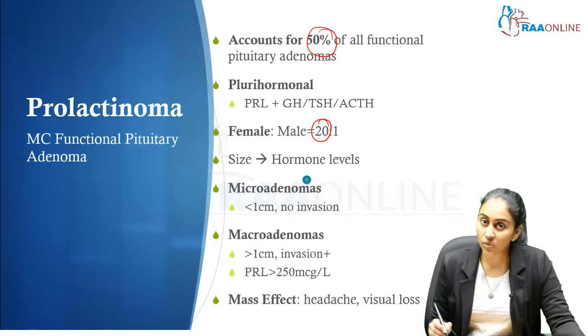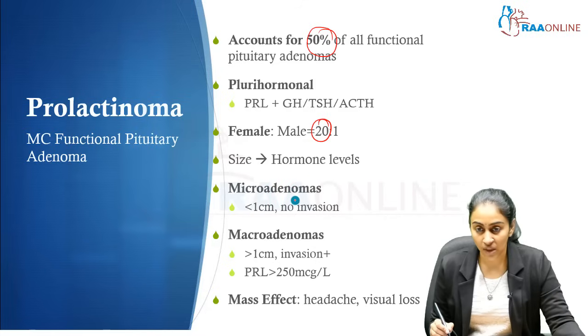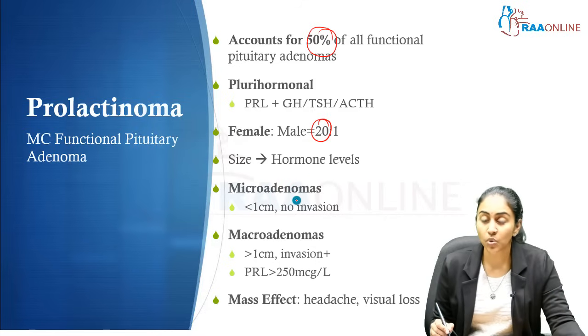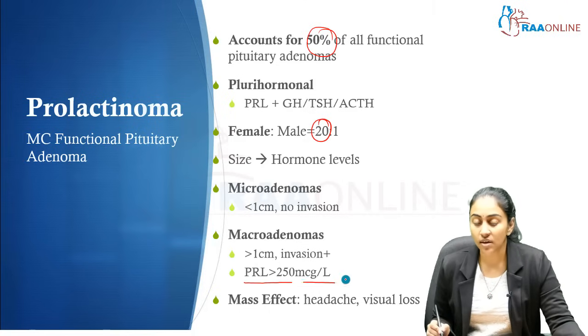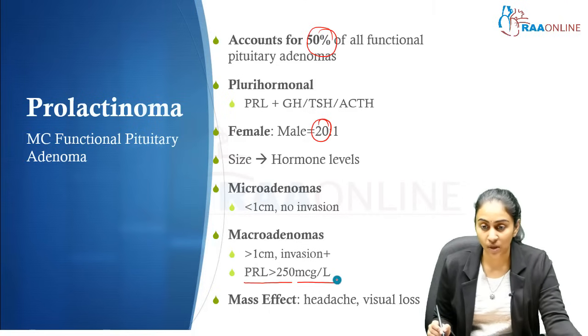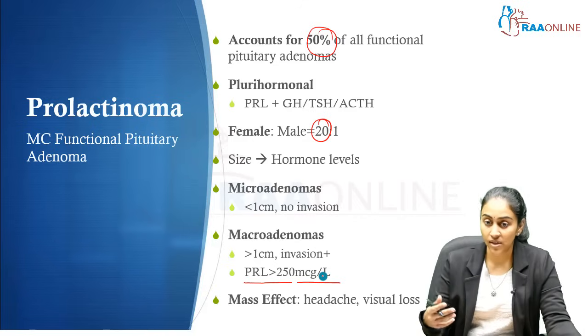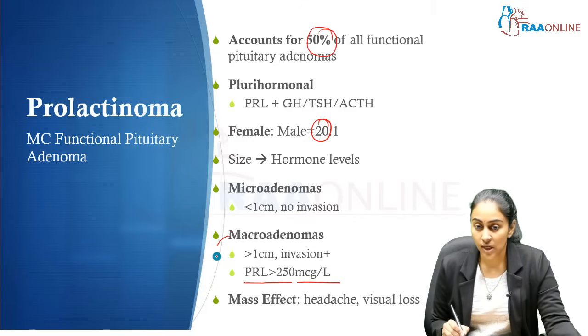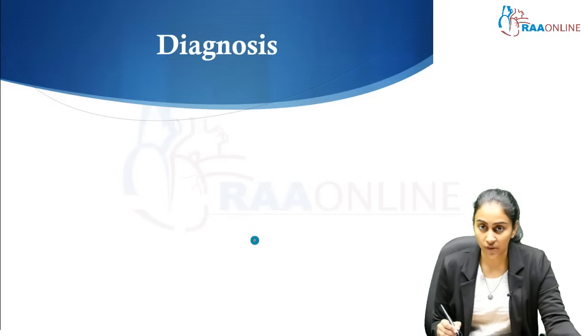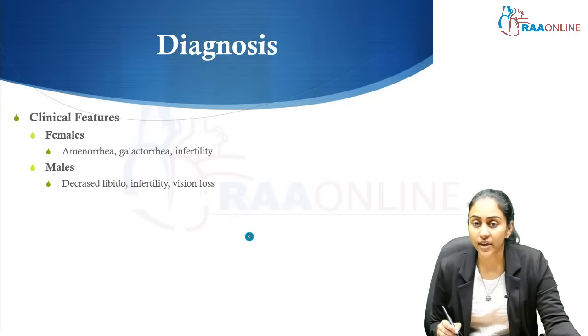Microadenomas are usually less than 1 centimeter and there is not going to be any invasion. Macroadenomas are going to be more than 1 centimeter, often with invasion and with a prolactin level of more than 250 microgram per liter. They may present with mass effects, particularly in case of macroadenomas, like headache and visual field loss. Now, how do we diagnose?